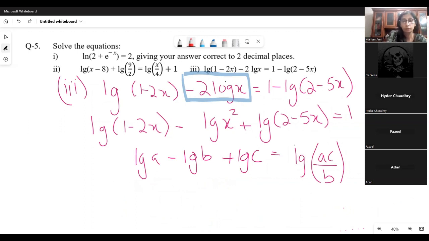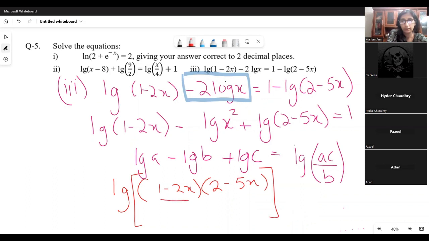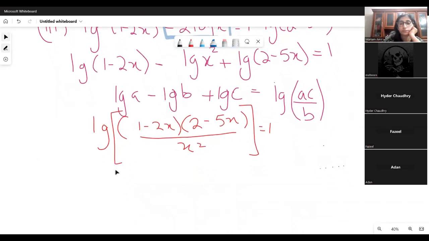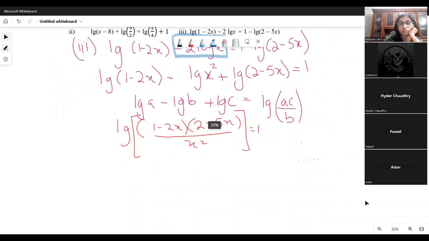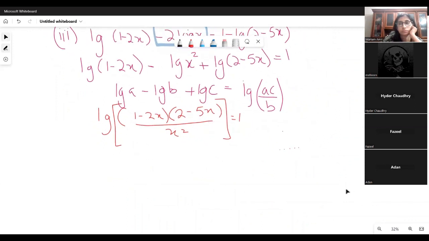Okay. So I'm going to write the positive terms in the numerator, 1 minus 2x times 2 minus 5x, divided by x squared equals 1. lg goes to the other side and becomes what? 10 to the power.